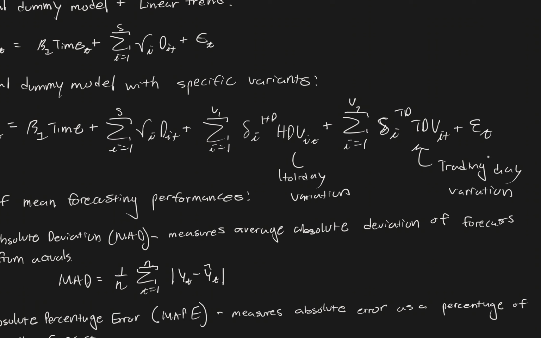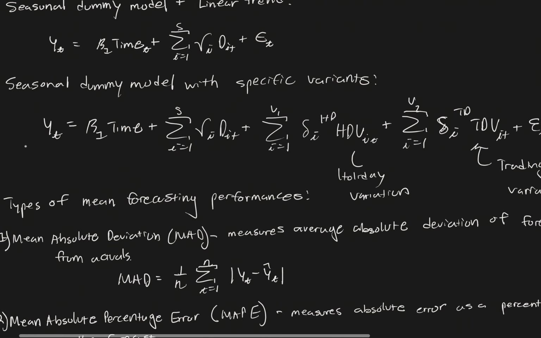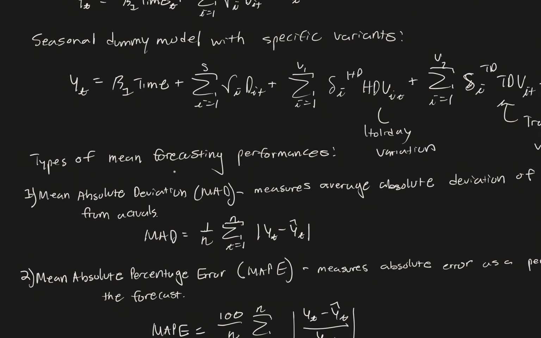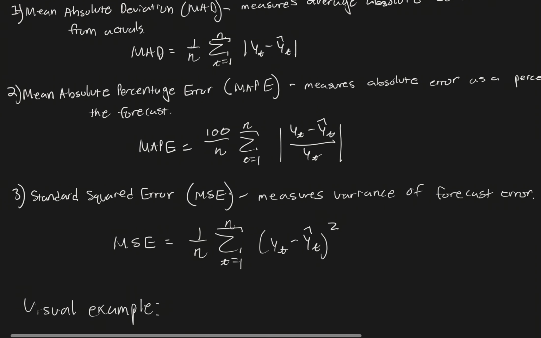Same with trading day variations. Maybe during trading days, our spending will be higher. And obviously, this doesn't have to be spending. It's just whatever we're measuring. Practically, we're usually measuring financial data, so probably one of the more common examples.